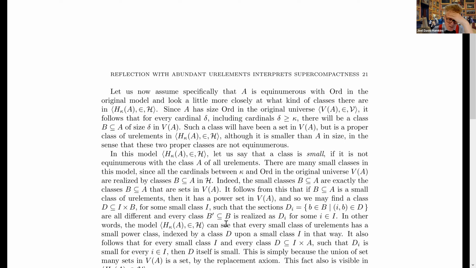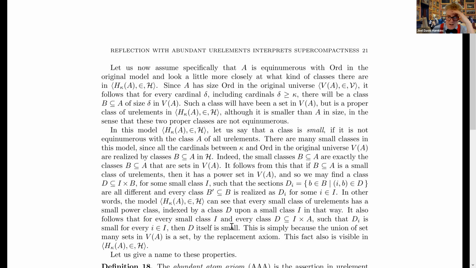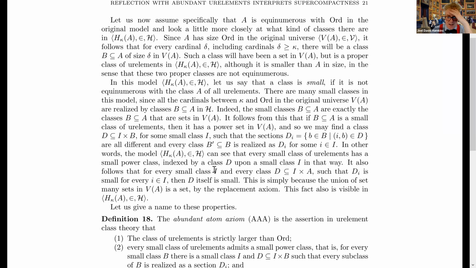And similarly, we're going to get a kind of regularity property, namely, if I is small and I have a class D on the product space so that every section is small, then D itself is small, because that's corresponding to the fact that ord is definably regular in the original universe.